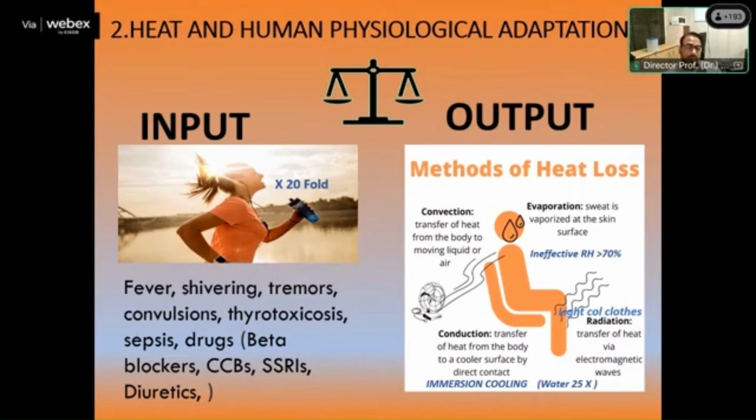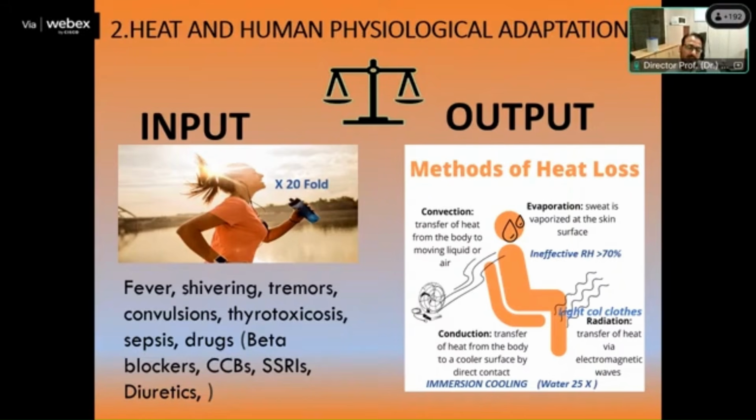Basically, the body is unable to dissipate the heat which it is generating, either because of hard work, namely exercise, which increases it as many as 20-fold, fever, shivering, tremors, convulsions, thyrotoxicosis, sepsis, and some drugs, or because of ambient temperatures? If the input is more and the output is less, we suffer from the consequences of heat-related illnesses.